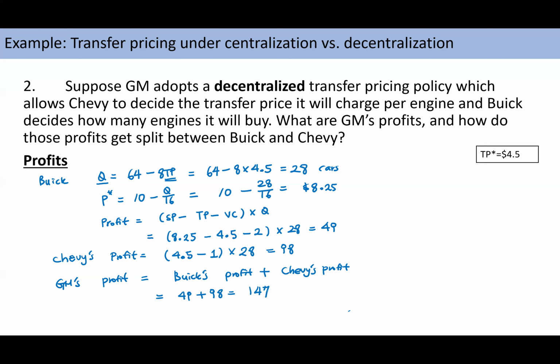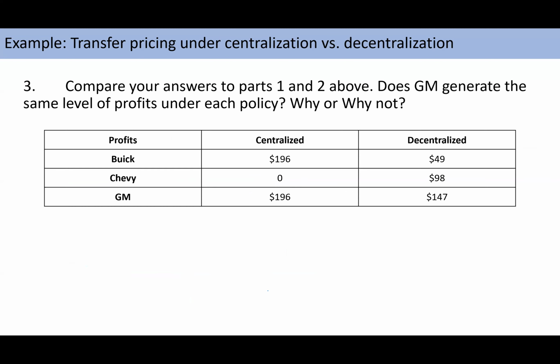So if we compare the answers from what we got from a centralized organization to the decentralized organization that we just did now, we find that under a decentralized organization, Buick's profit goes down, Chevy's profit goes up, but at the net level, at the firm level, GM's profit also goes down. So what's happening? Well, the lower overall profit is the product of a coordination problem.